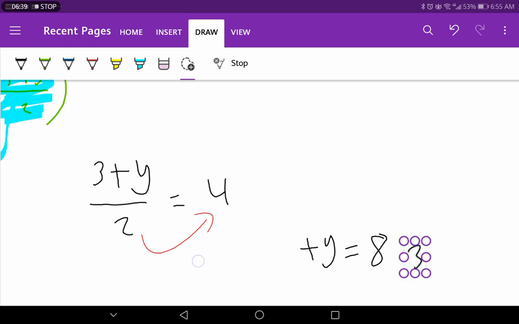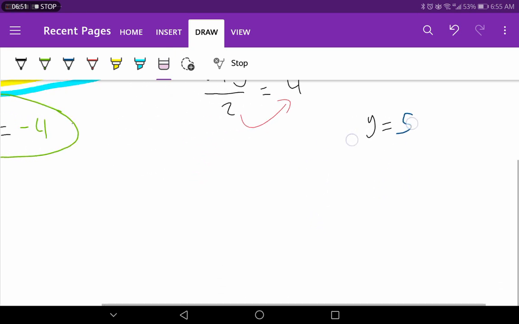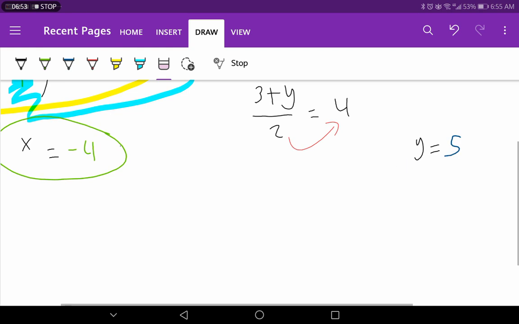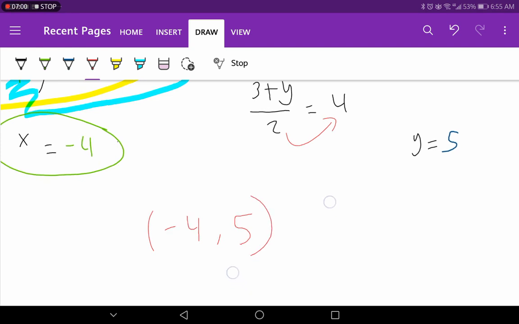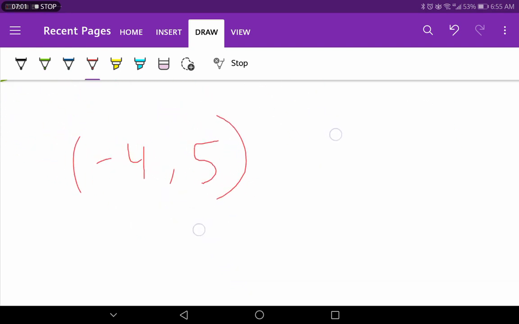So move this here and change the sign. As you know, 8 minus 3 equals 5. So the y now equals 5. Now the x equals negative 4 and the y equals 5, which is the second endpoint.